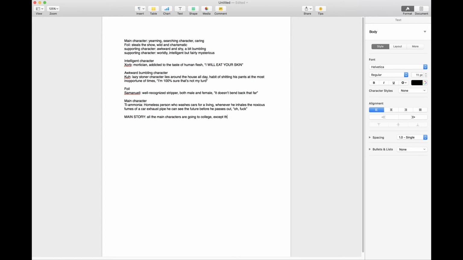Except the college is secretly a hologram designed to fool these people into giving them money to buy organs off of the black market.